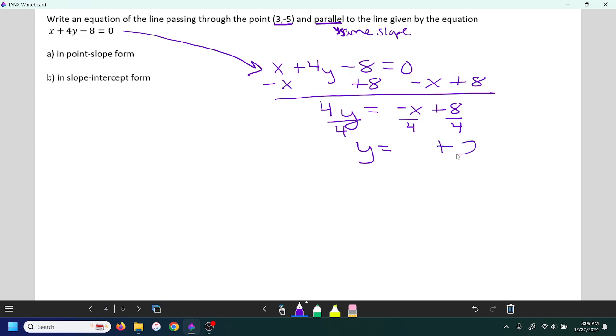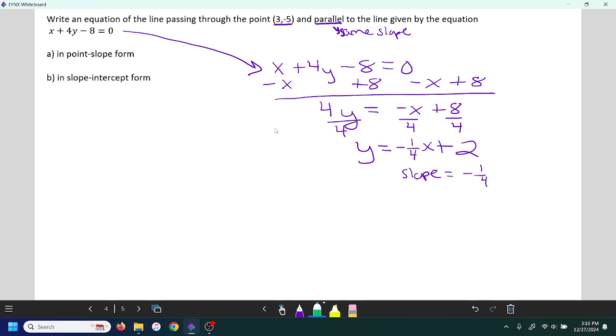All right, so 8 over 4 is 2. Now what's going on here? This is negative x over 4. That's the same as negative 1/4 times x, because it's x over 1, and so you'd have a negative 1 times x in the numerator and a 4 times 1 in the denominator, which is the same thing. So the slope here is negative 1/4.